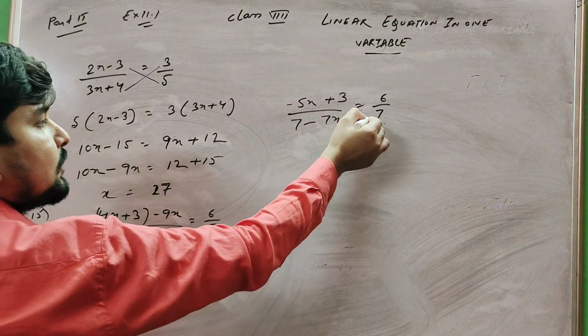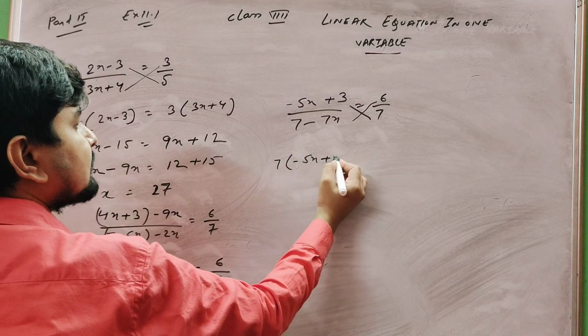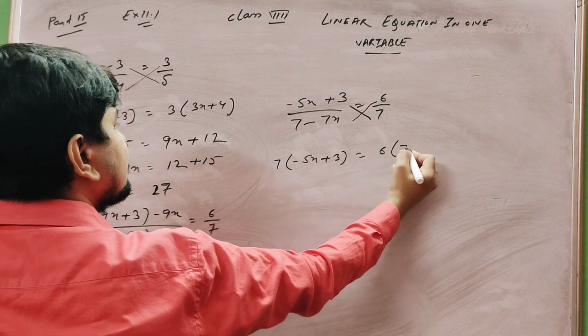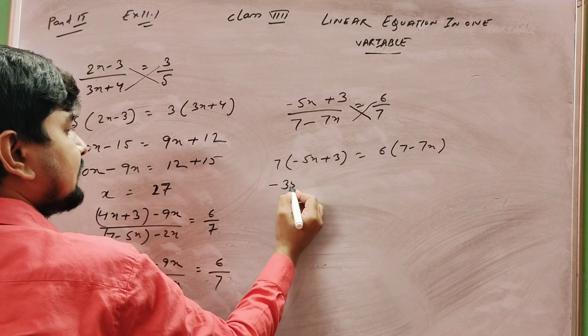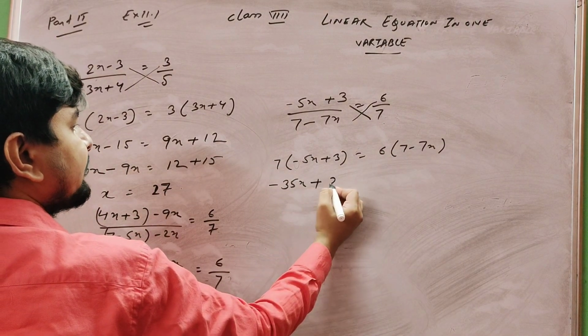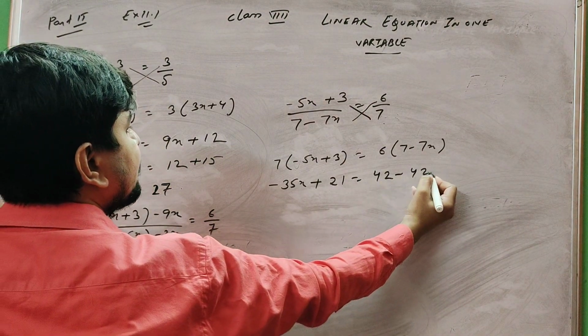Okay, so again we cross multiply. 7 multiply (minus 5x plus 3) equals 6 multiply (7 minus 7x). So 7 5s are minus 35x plus 7 3s are 21, 6 7s are 42, minus 6 7s are 42x.